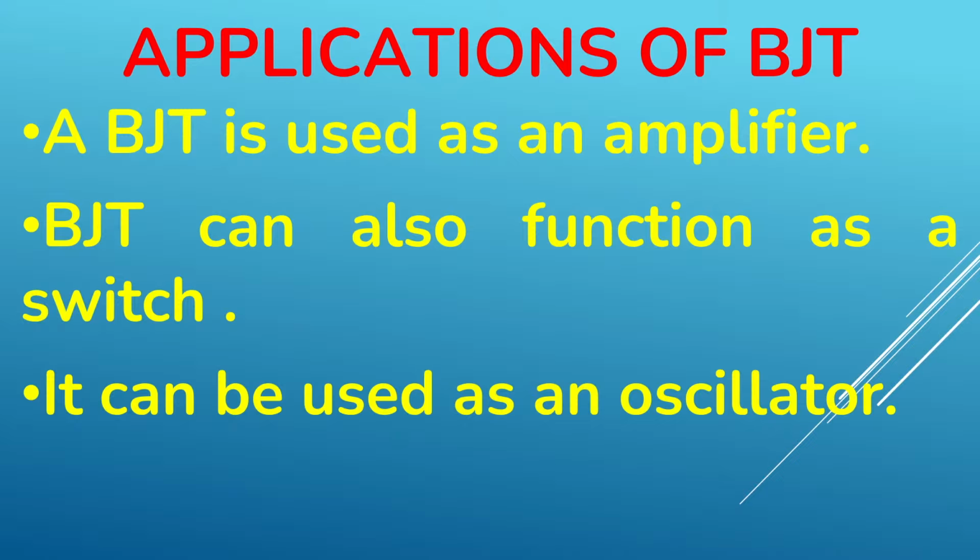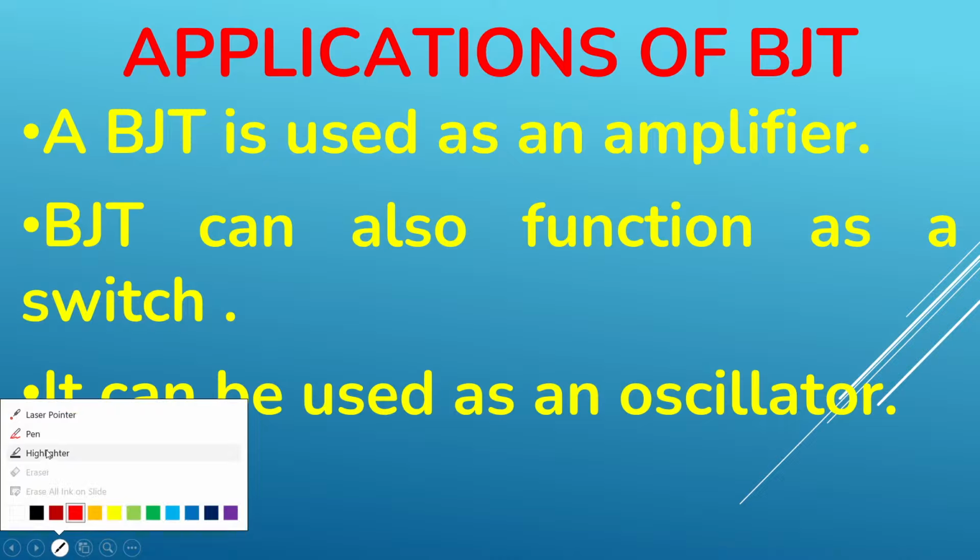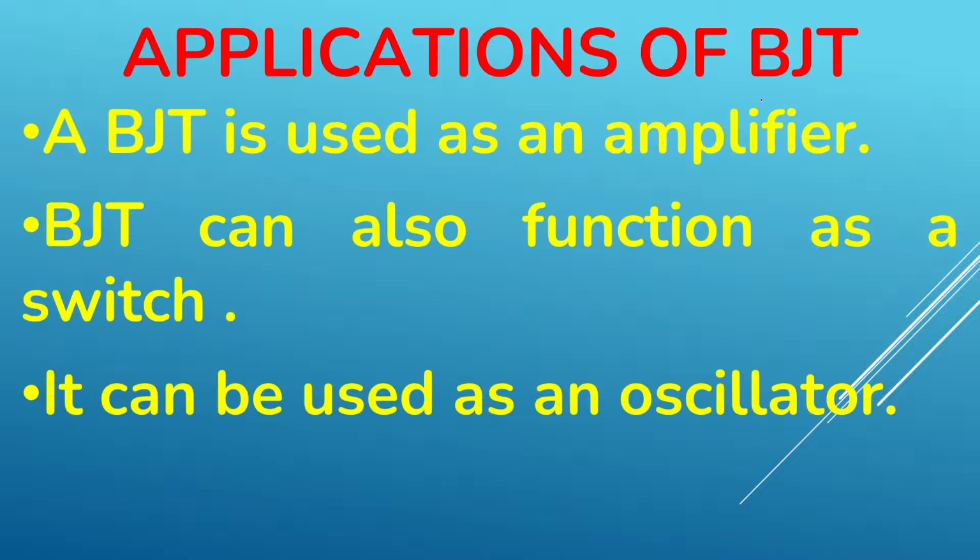Now let us see the applications of BJT. I have already discussed the applications while discussing the configurations. It can be used as an amplifier, as a switch, and as a signal oscillator.